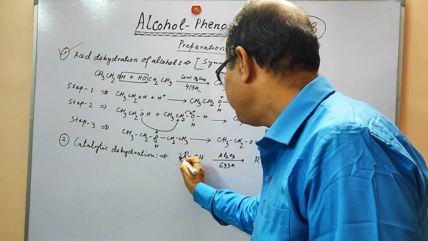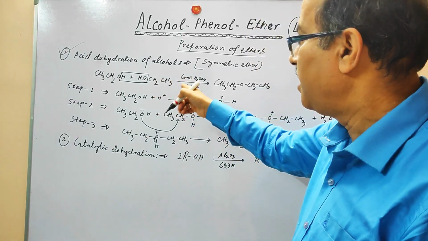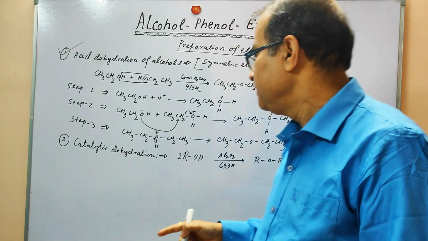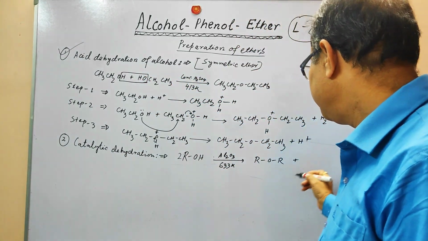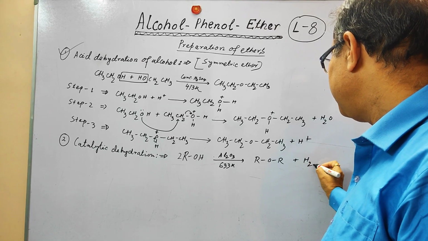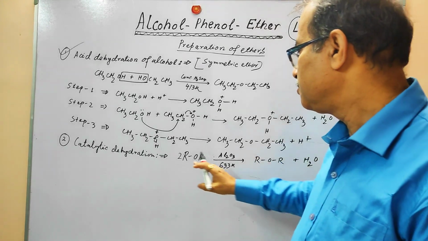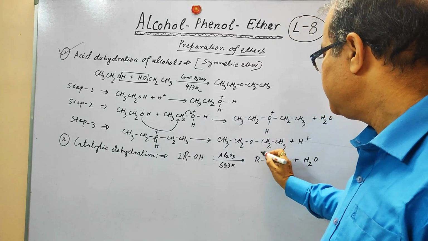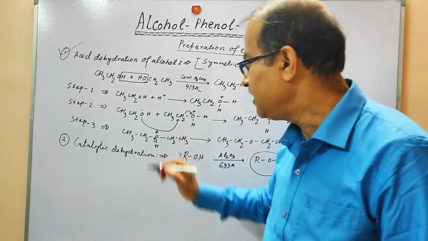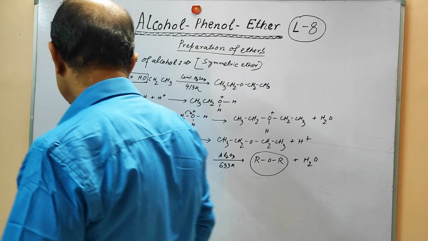Two molecules of alcohol react in this way, as we have discussed here. H2O is removed from two molecules of alcohol, and it will produce this ether. So this is the second way of producing the ether.